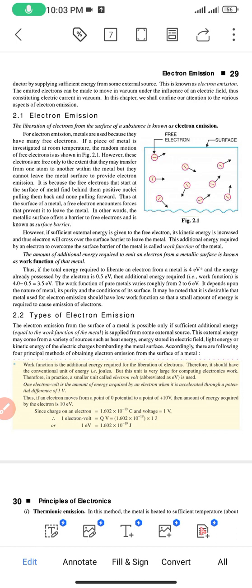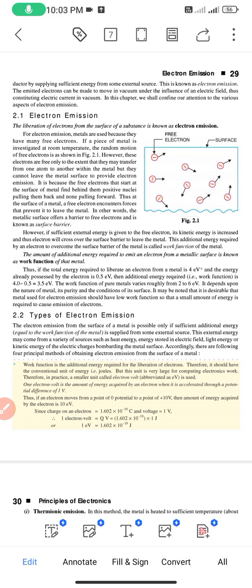Thus, at the surface of a metal, a free electron encounters forces that prevent it from leaving the metal. In other words, the metallic surface offers a barrier to free electrons, known as the surface barrier.